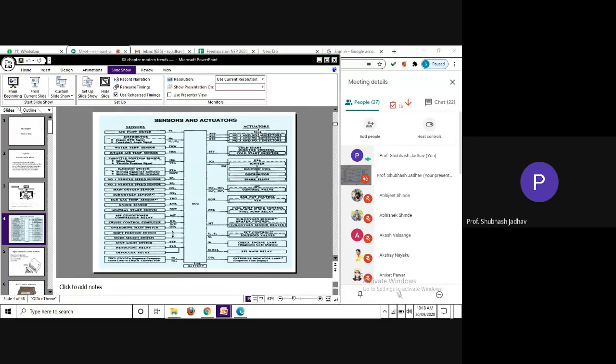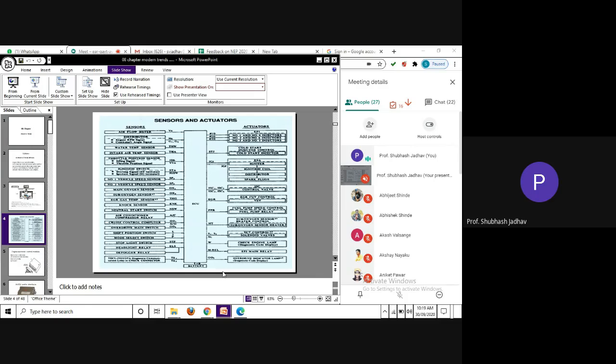Okay, so they may be related to the engine, they may be related to EGR, exhaust gas recirculation, or they may be related to anything. It may be related to ignition advance, speed control, brakes, whatever it is. So there are so many sensors. Nowadays, thousands of sensors are there in a vehicle.